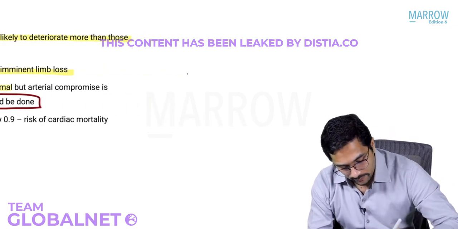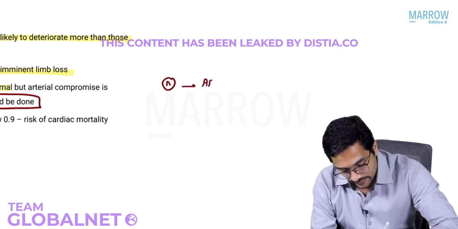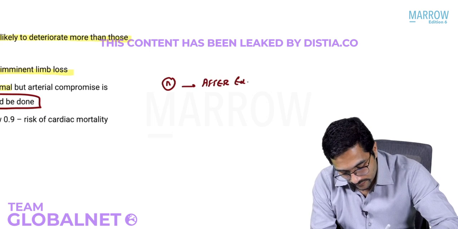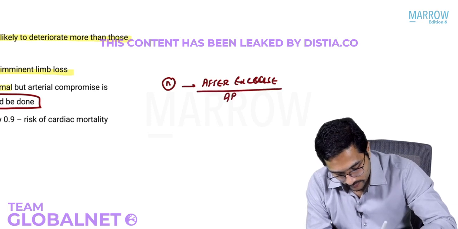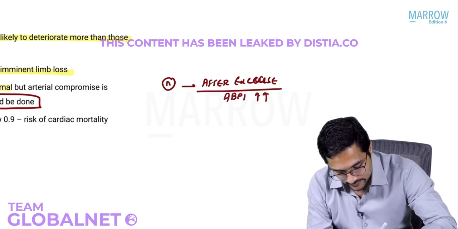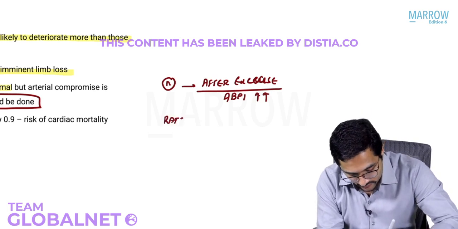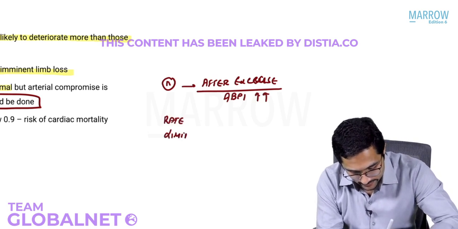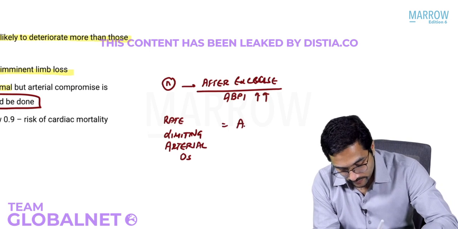So in normal people like us, after exercise, ABPI is going to increase. But in patients with rate-limiting arterial disease, ABPI will fall.